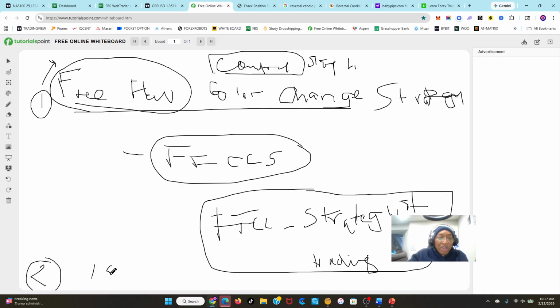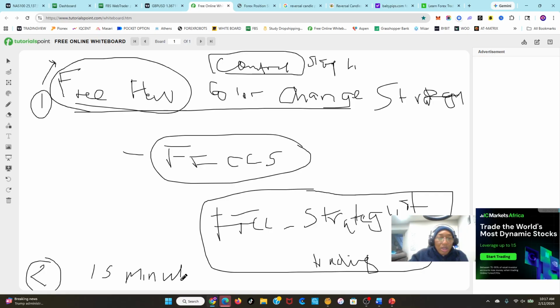We call it the 15-minute candle breakout strategy.